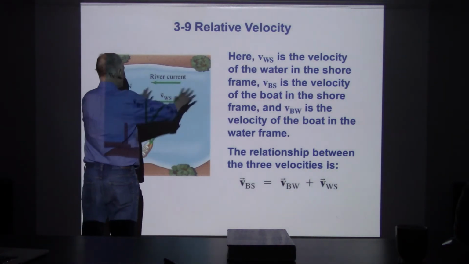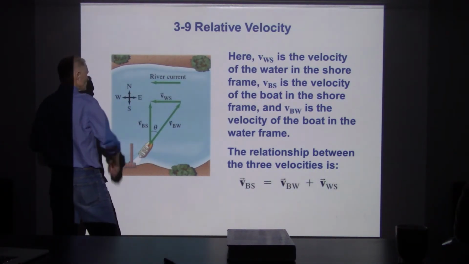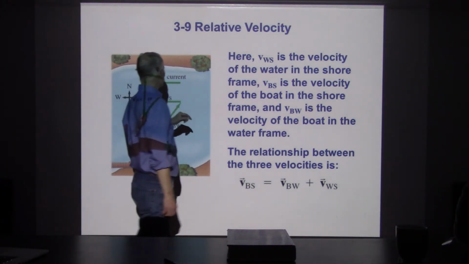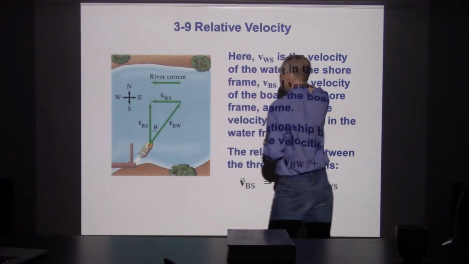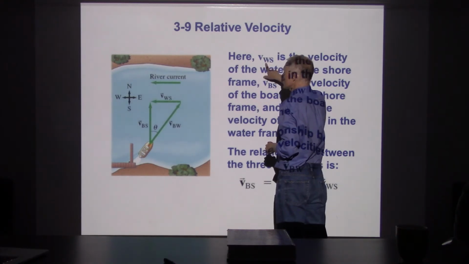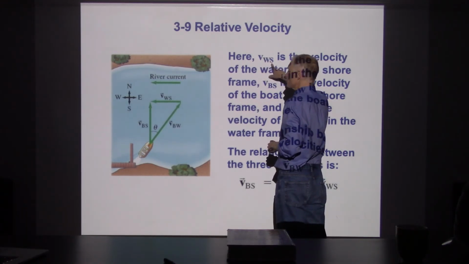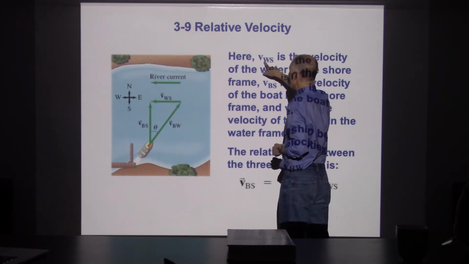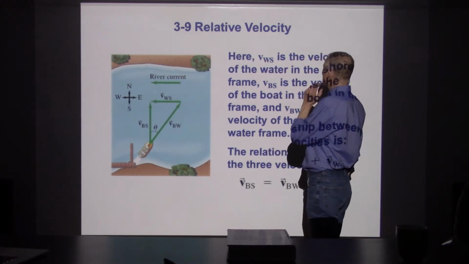Let's say that we have a river that's moving. The notation here is really rough. So this is the velocity of the water compared with the shore, compared with the earth. This is how fast the water is moving.